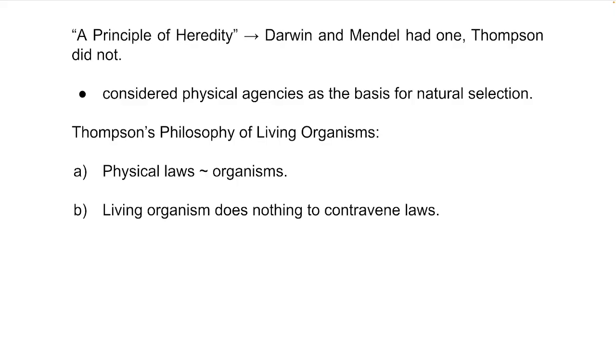So Thompson had a philosophy of living organisms. Basically, physical laws correspond to organisms. The organisms that we observe are the products of physical laws. We know that genes code for things. He didn't talk about genes in the book, but he did talk about these physical laws being the constraints on the shapes that organisms had.